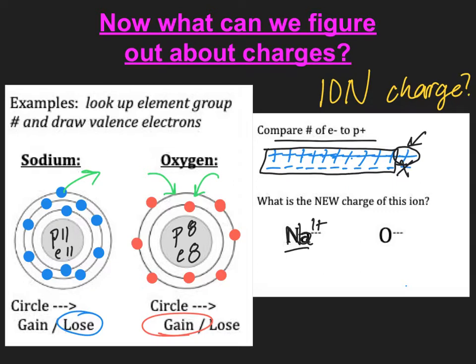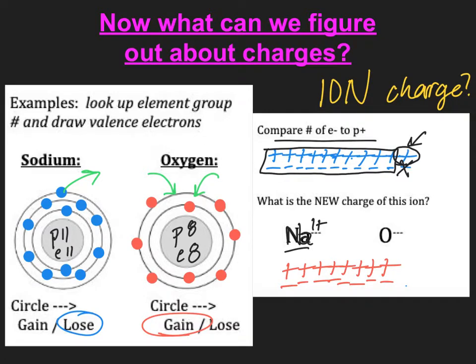Over here, oxygen started out 8 protons, 8 electrons. Everything was balanced. Oxygen wanted to reach stable 8. It said, I need to do that by gaining 2 electrons. So again, thinking about the balance, 1, 2, 3, 4, 5, 6, 7, 8. That's what it started with. 1, 2, 3, 4, 5, 6, 7, 8.